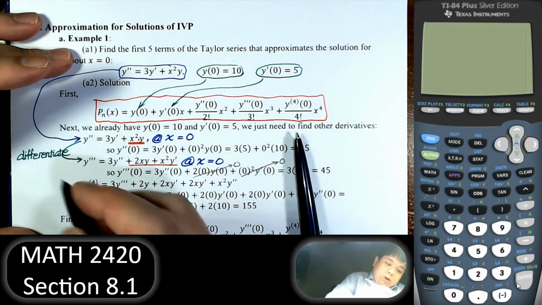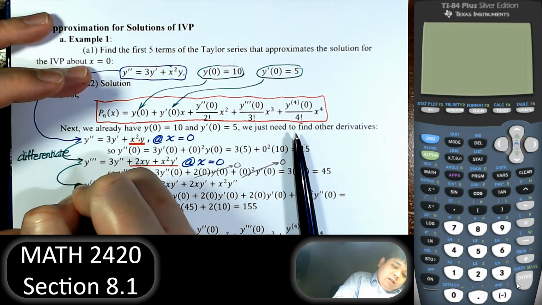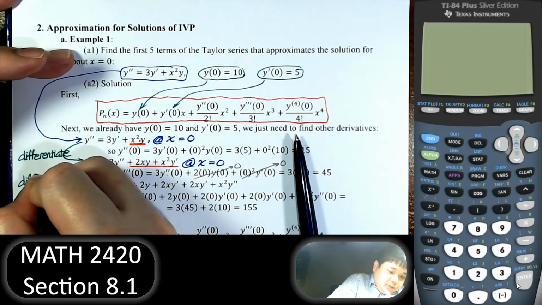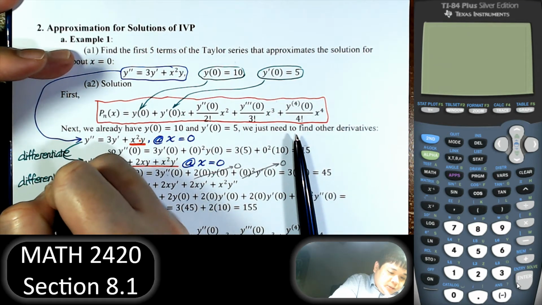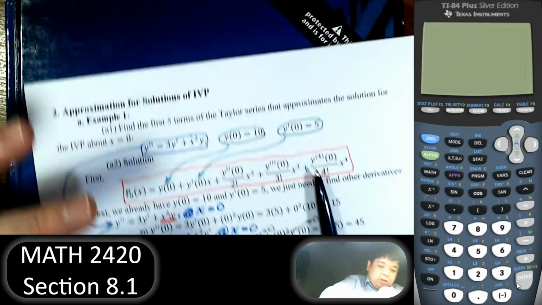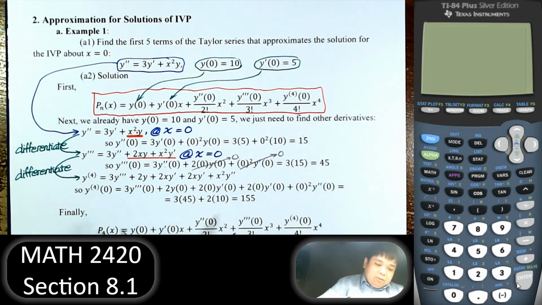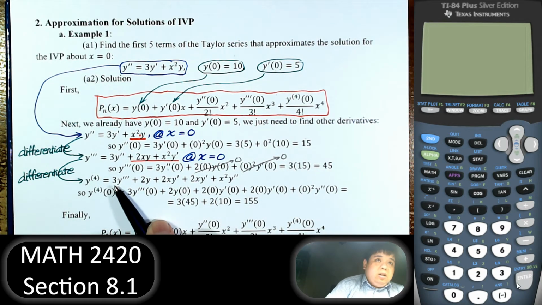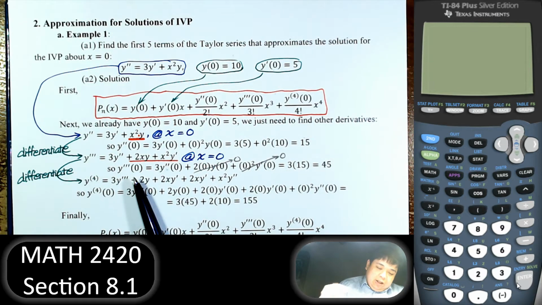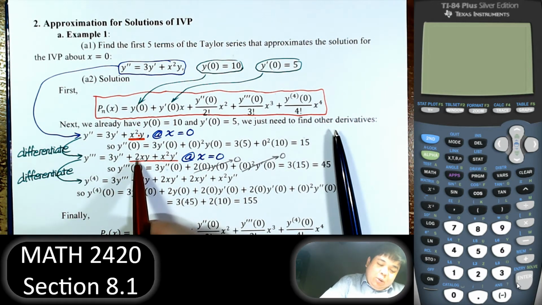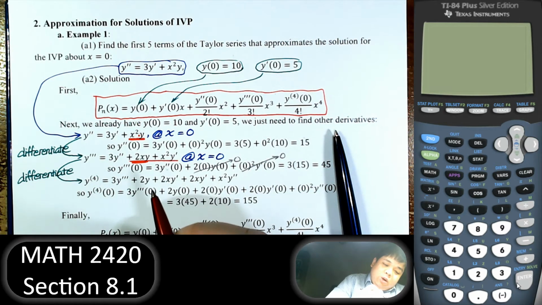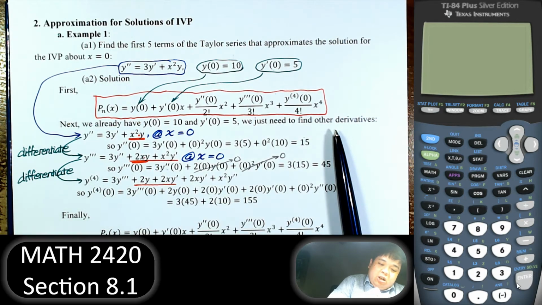And then we keep differentiating. The fourth derivative again is 3 times the third derivative. Now, notice that now we have two terms. The 2xy is a product rule, which will give us this 2.